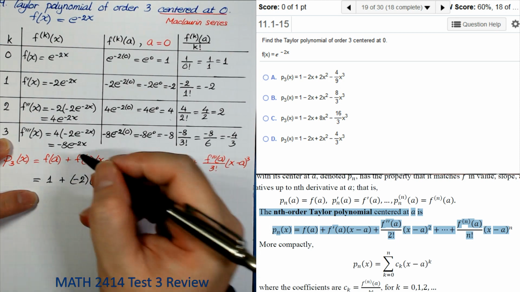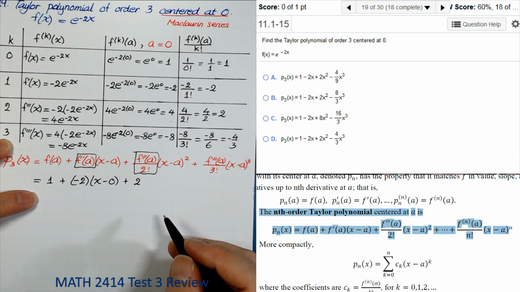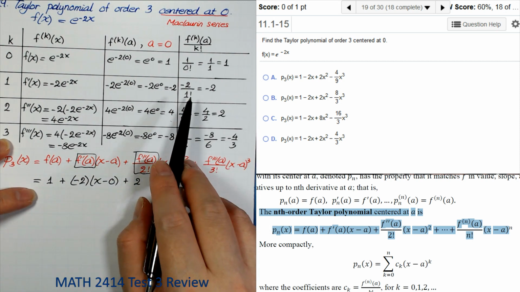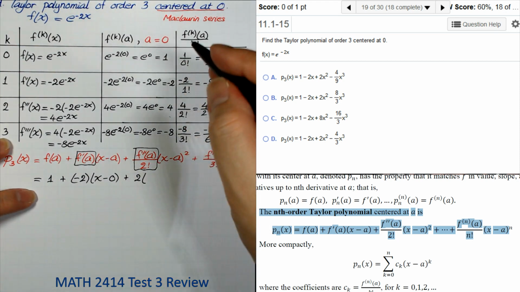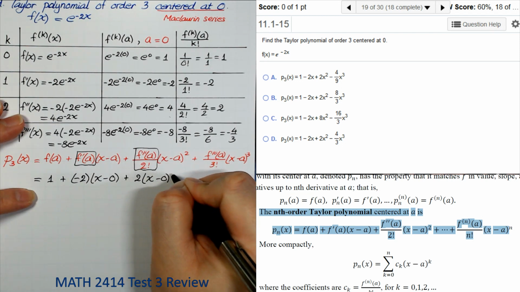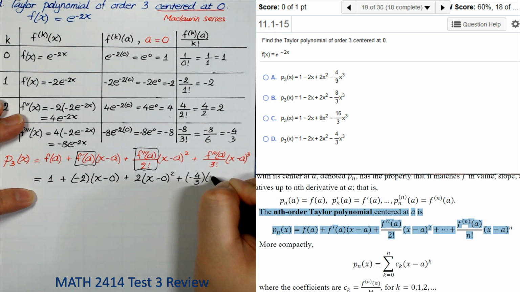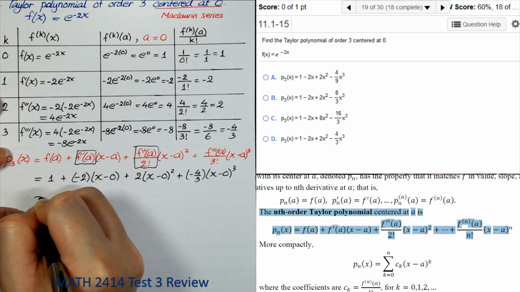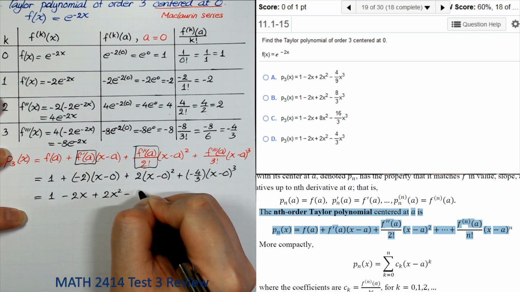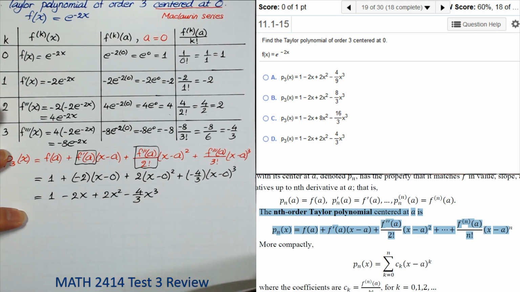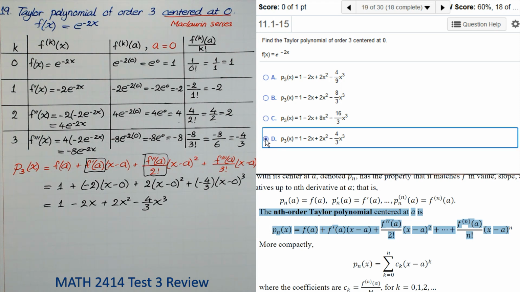By the way, the whole thing that we calculate is this, so that's why we don't write divide by 2 factorial, we already did. It's just the whole coefficient here. One minus 2x plus 2x squared minus 4/3 x cubed. Like I said, make sure you know how to do this because you will see this a lot.